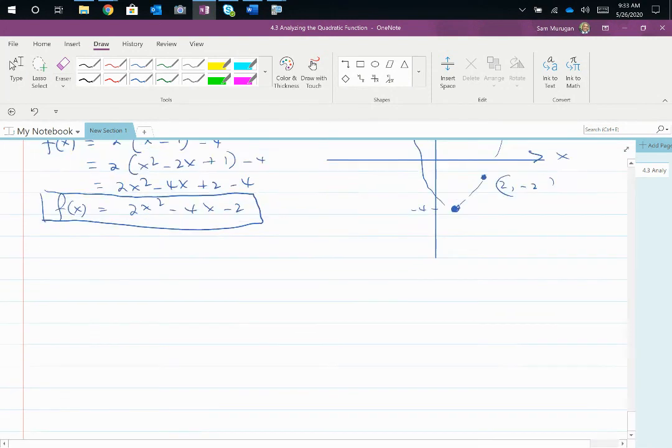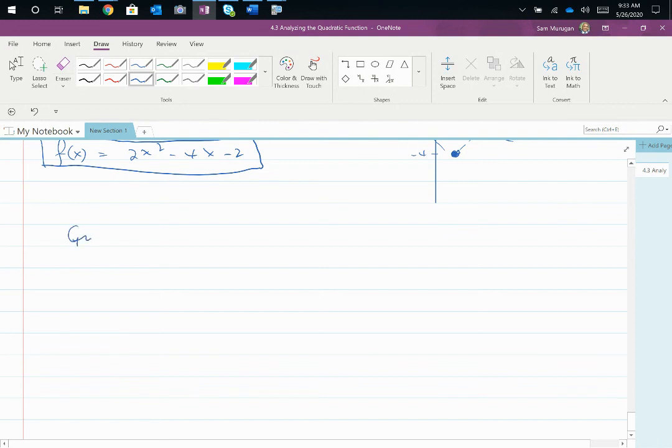Here's a great one. Given point x y is equal to, say, 2 and negative 5. Let's see if that works.